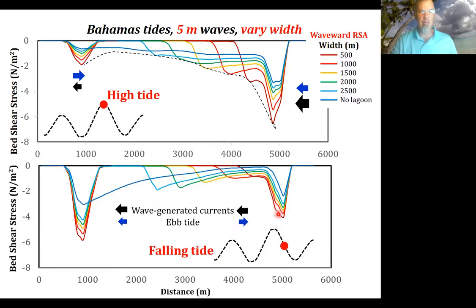Here we see the same pattern: with each 500 meter increase in width, we decrease the bed shear stress. There's an interesting trend that increases towards the lagoon. We see the strongest bed shear stresses are actually over here on the leeward margin.